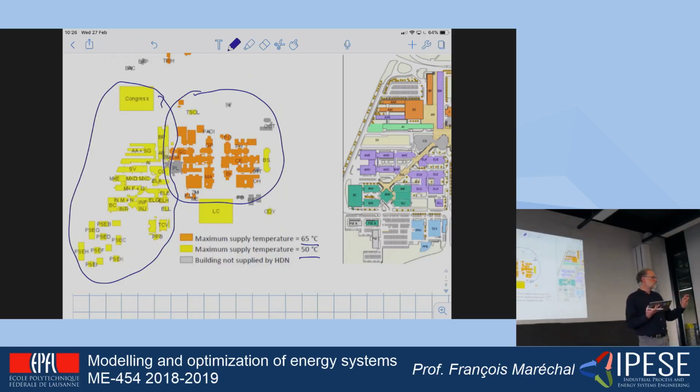You can also decide to optimize the temperature profile. If the temperature outside is higher than -10, then it's not necessarily needed to feed the building with the 50 degrees C. Okay? Because you have a given heat exchange area.